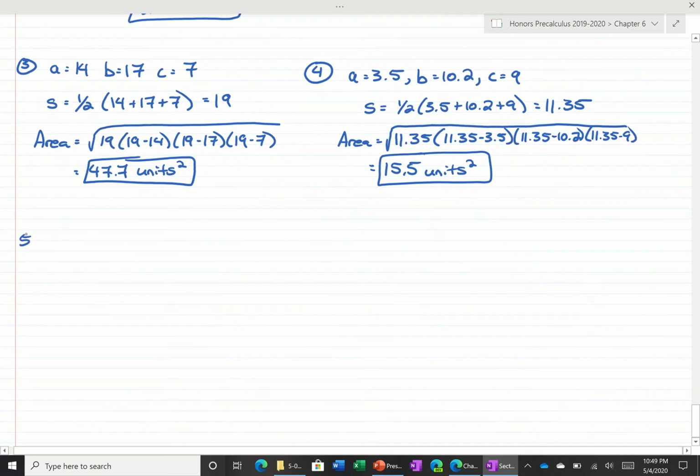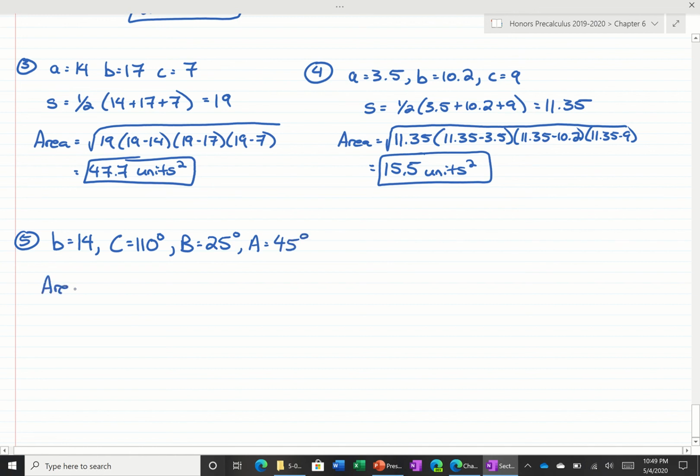Number 5, we know side B is 14, angle C is 110, angle B is 25. So it looks like we're given two angles. We could easily find angle A by subtracting from 180. Angle A would be 45 degrees.